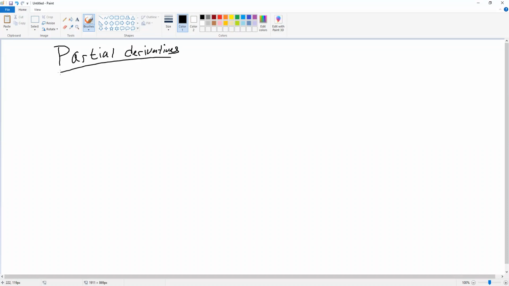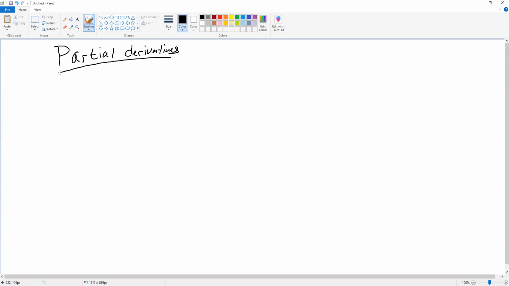Partial derivatives are fun. They're basically a derivative, but you're looking at it specifically at either the x or the y or the z or the w. You're going to be taking partial derivatives of independent variables. And then we're going to do partial derivatives of dependent variables.